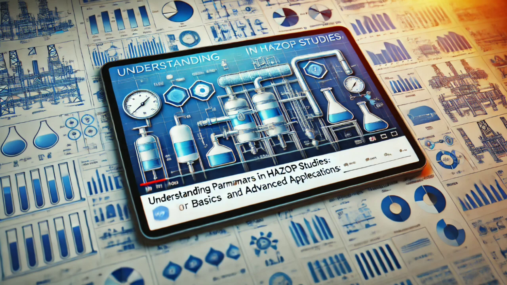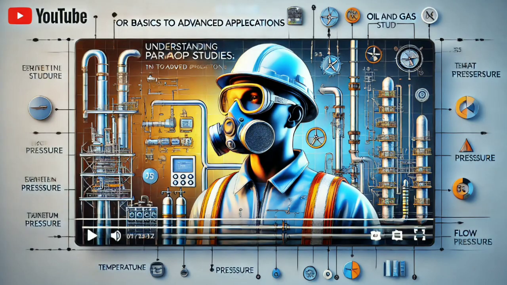Avoid common mistakes like overlooking or overcomplicating parameters. Always account for different operational modes and changes. Mastering parameter selection ensures that your HAZOP study is as comprehensive and effective as possible, identifying the risks that could otherwise go unnoticed.